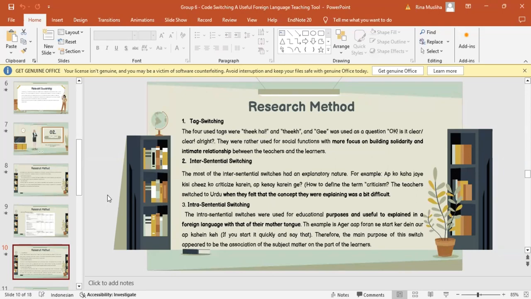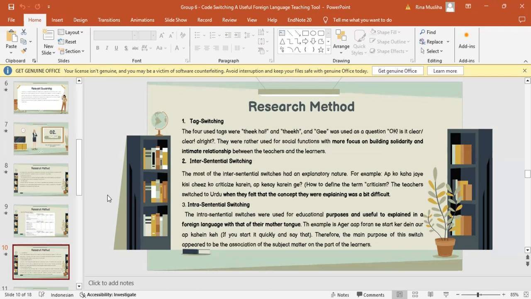The first is tag switching. The first teacher used the Urdu language to say okay, or is it clear, or all right. The use of this language is to focus on building solidarity and an intimate relationship between the teacher and the learners.